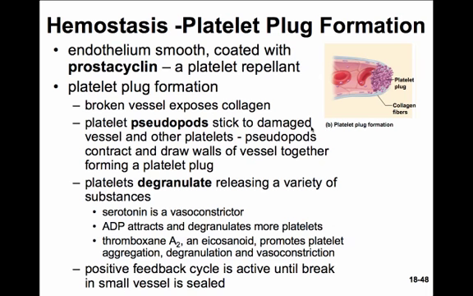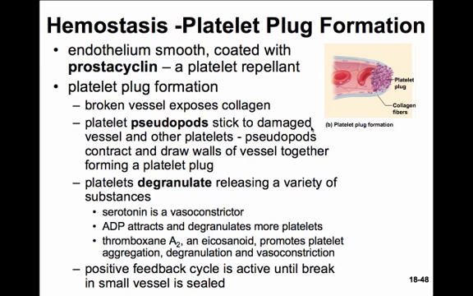And so when these collagen fibers are exposed to blood, the platelets grow long spiny pseudopods and adhere to the vessel and other platelets. The pseudopods then contact and draw the walls of the vessels together. And the mass of platelets that forms is called a platelet plug, which ideally will reduce and stop minor bleeding.